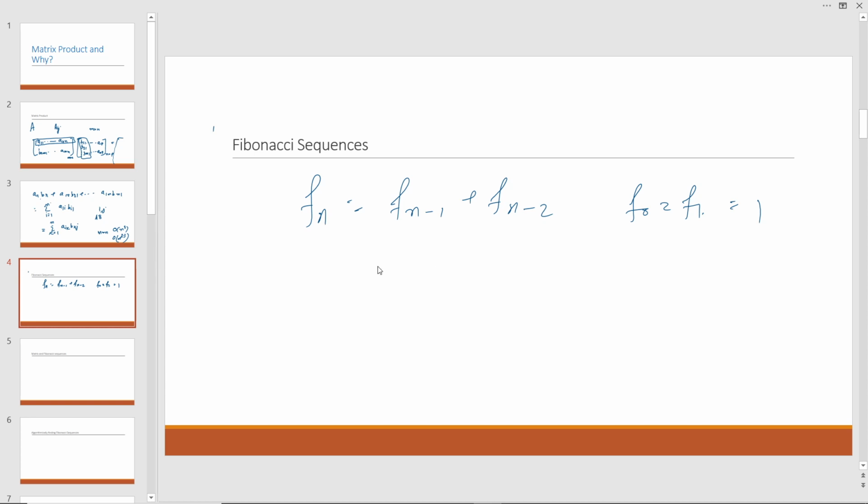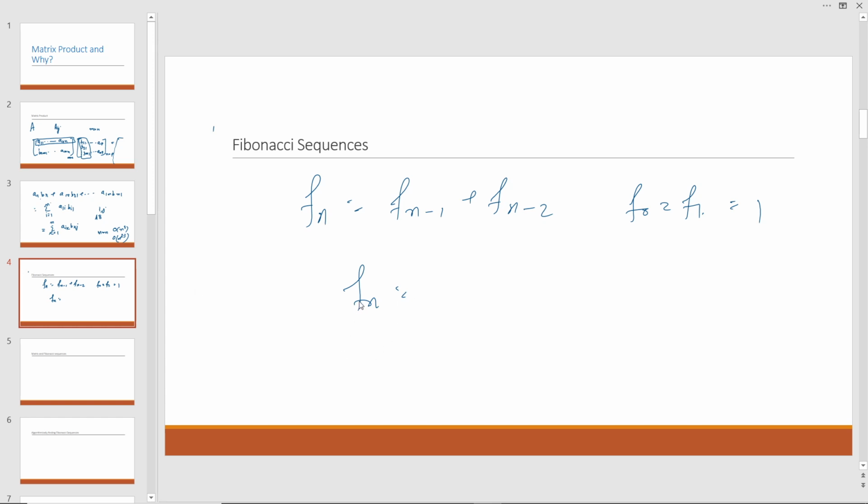Some people might know how to find the general term, the explicit representation of f_n. One might suggest finding the generating function and then solving it. But this is a matrix lecture, and I shall give an example of using matrices to find the nth term of the Fibonacci sequence explicitly, and we'll see how the golden ratio comes naturally.